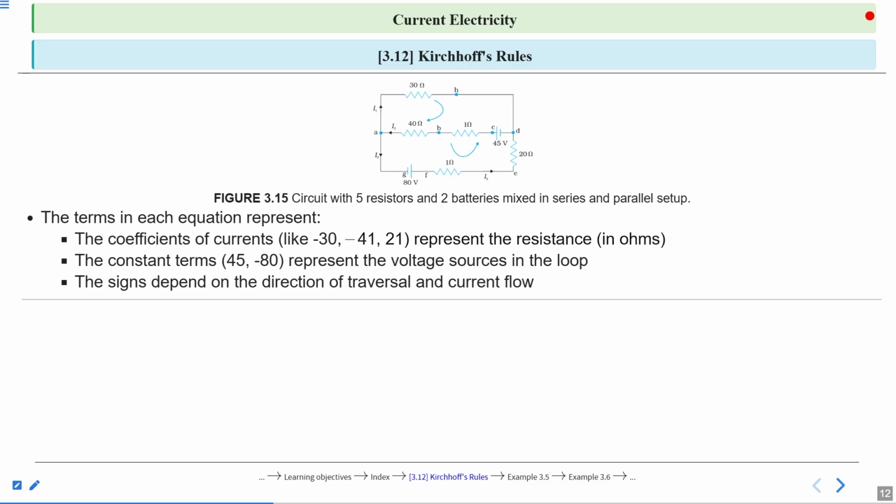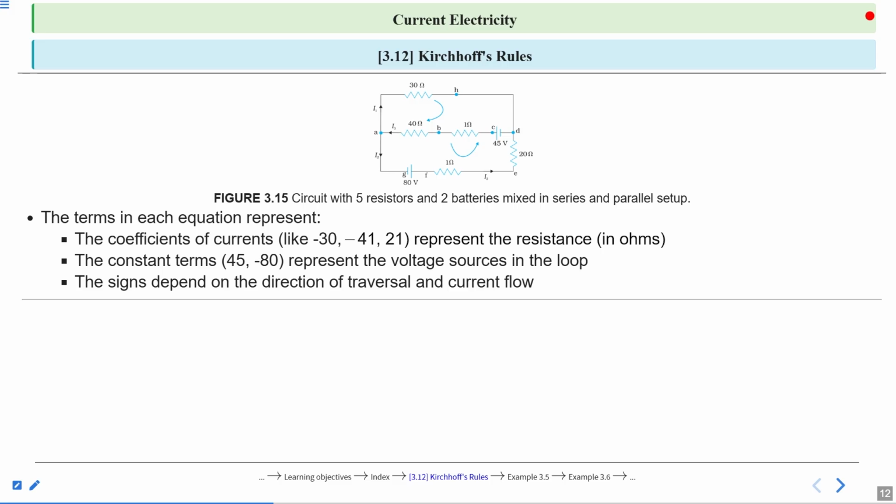And if we are moving across a battery, from negative terminal to positive terminal, then the voltage of the battery should be taken as positive. If our movement is from positive to negative terminal, then the voltage of the battery should be taken as negative.